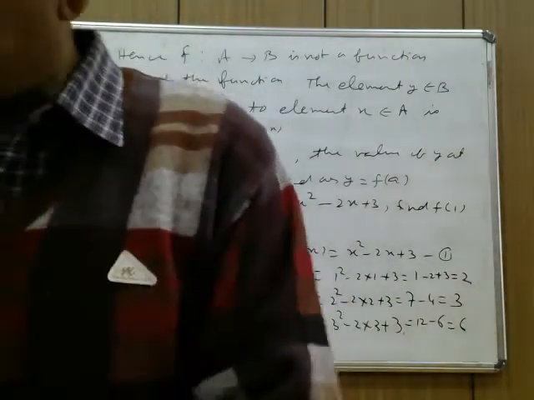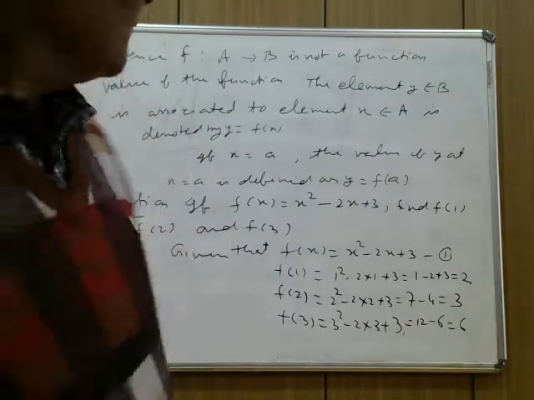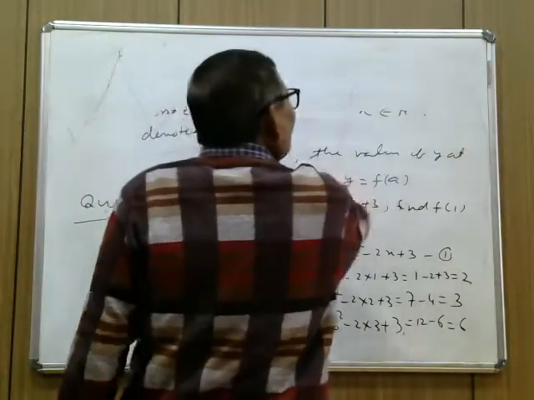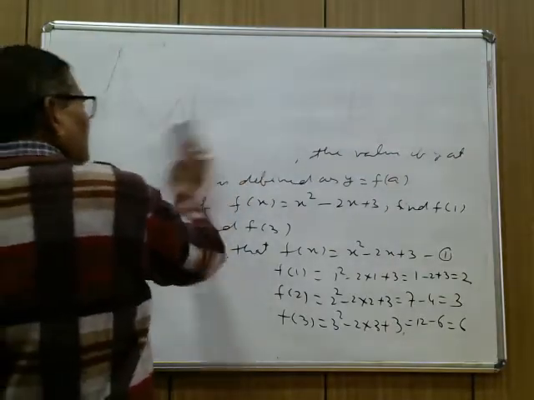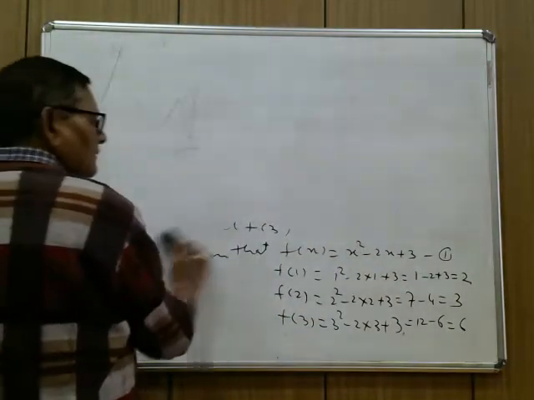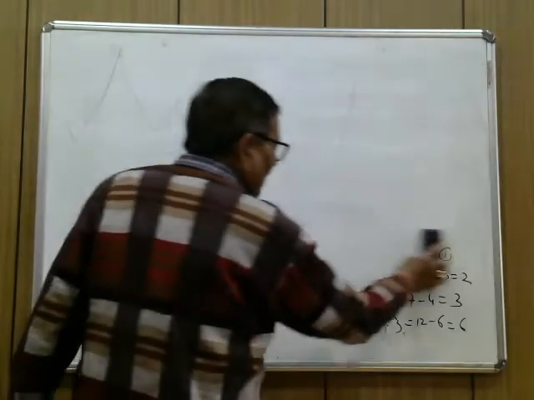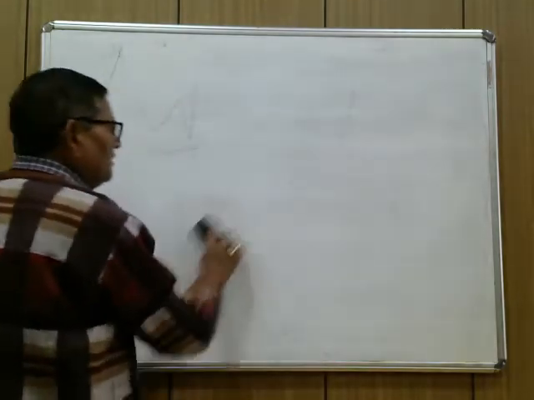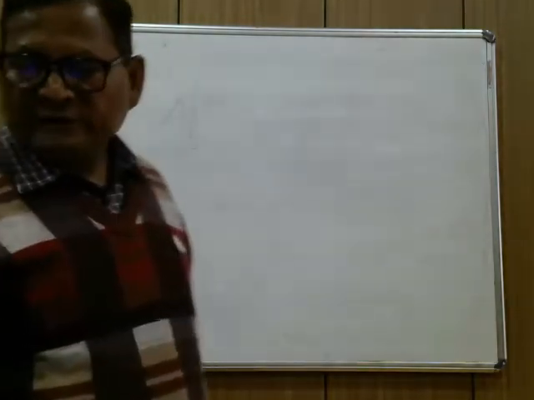Now the definition of even and odd function. Now we are going to discuss the definition of even and odd functions, and then by using that definition we prove whether some of the functions are even or odd. So you see, even function.